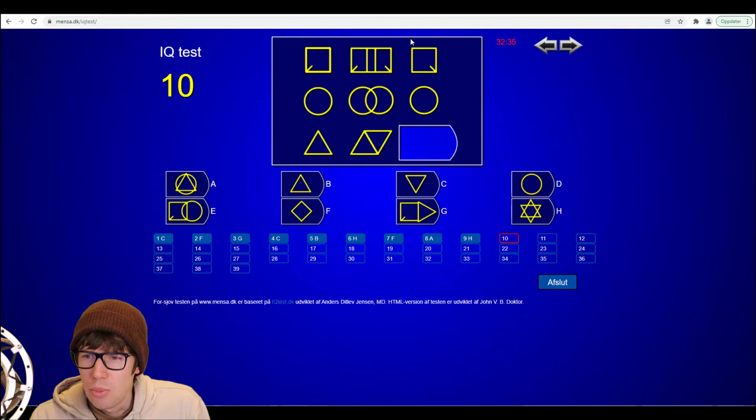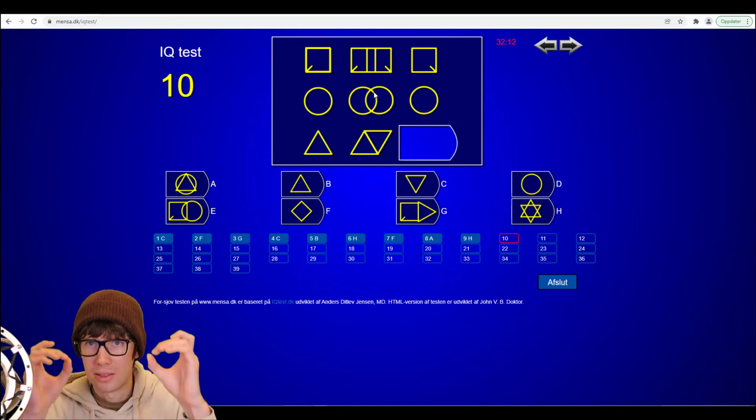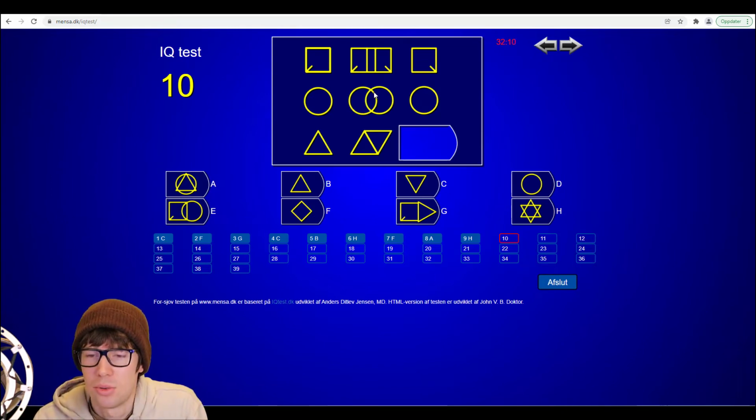Here's another common rule. For a particular row, if you combine the left column with the right column, you get what's in the middle. Look at this second row, for instance. A circle and a circle come together in the middle to form these overlapping circles.